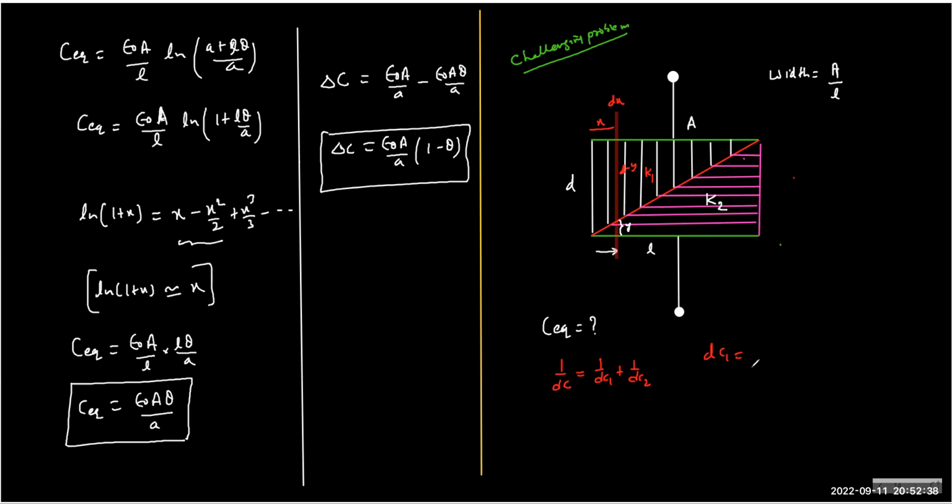Now how to write dC1? Epsilon naught K, first of all K. What is K here? K1, epsilon naught. Now what is the area in terms of A, L, and dx?